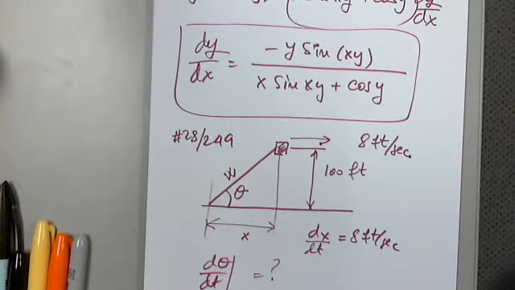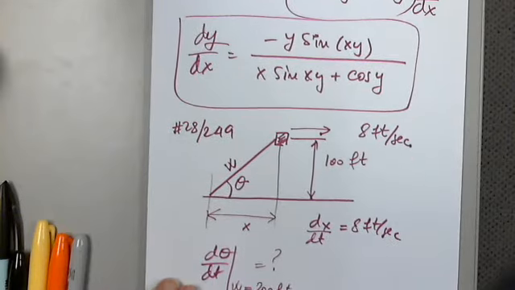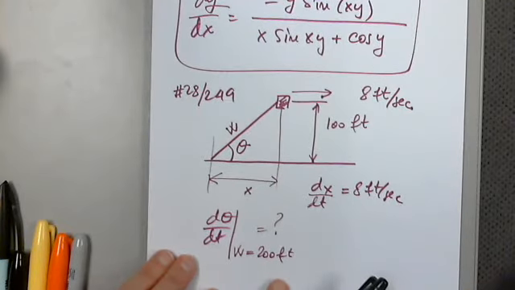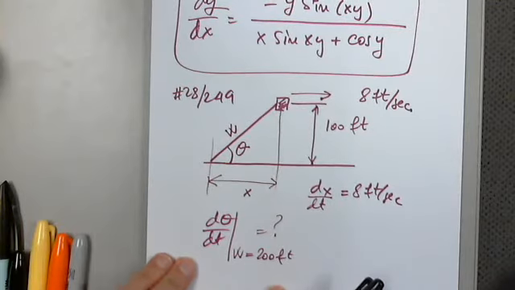At what rate is the angle between the string and the horizontal decreasing when 200 feet of string has been let out? W equals 200. Yes. When 200 feet of string.